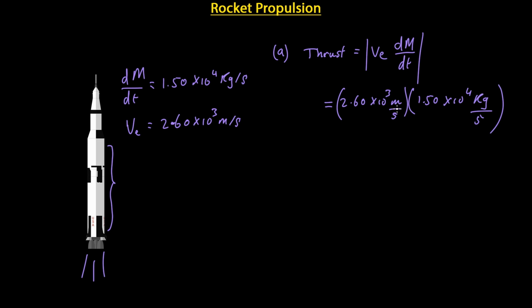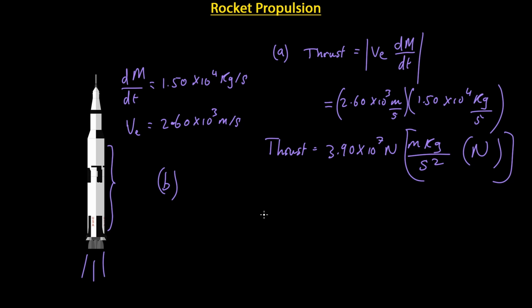This gives us units of meters times kilograms per second squared, which is the units for newtons. And this gives us a value of 3.90 times 10 to the 7 newtons of thrust.